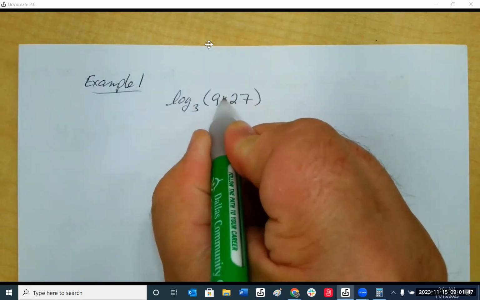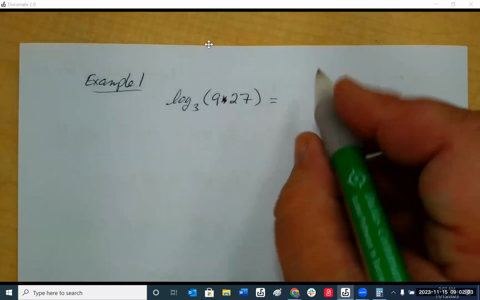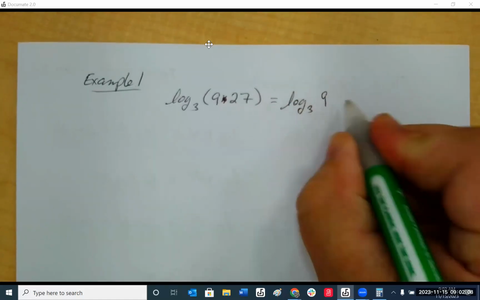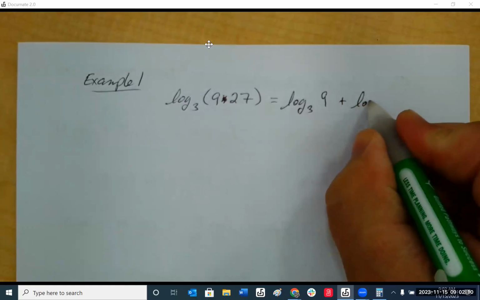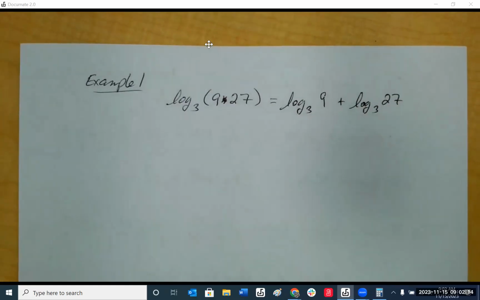This is 9 times 27. Express that using the properties. So what property are we going to use? First one, right? So we'll have log base 3 of 9 plus the log base 3 of 27.